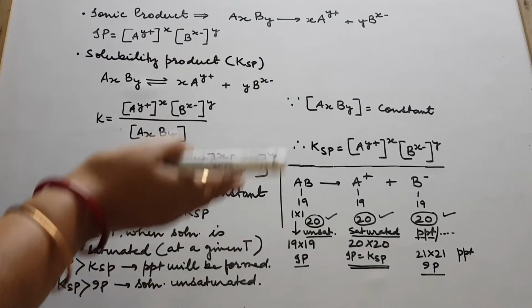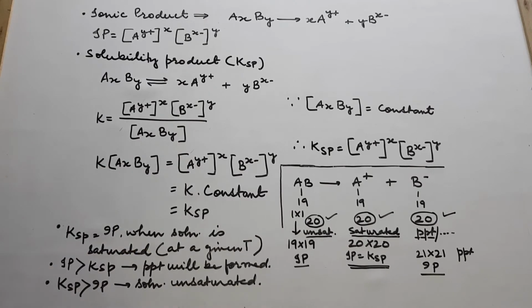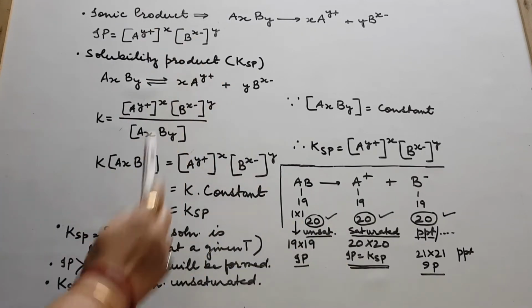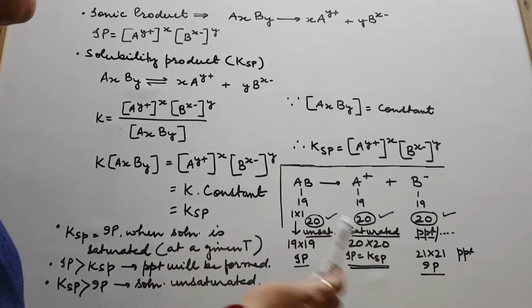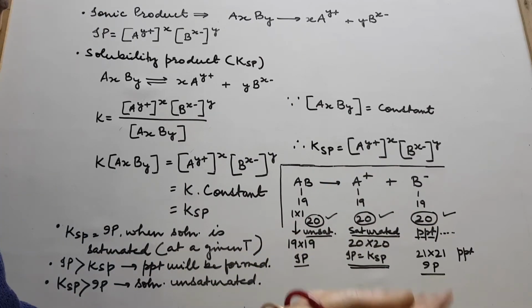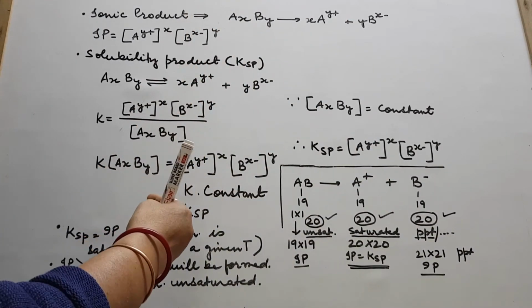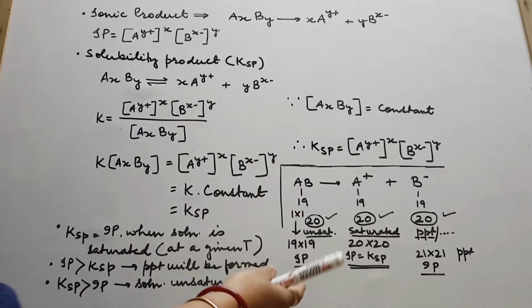If you increase temperature, solubility might increase. And there are some solutes where solubility decreases with rise in temperature. So this is very important, KSP. That's why the K word has been there. Otherwise it was only solubility product, the product of the solubilities. Whatever number of moles dissolve, you multiply their ions, you call it solubility product.